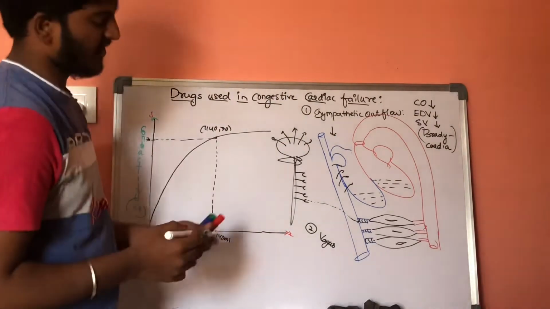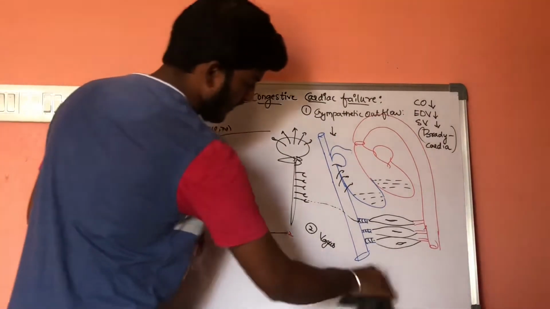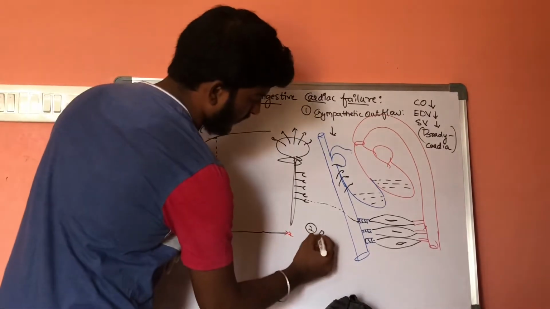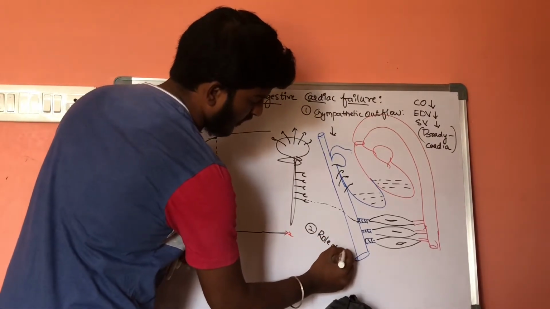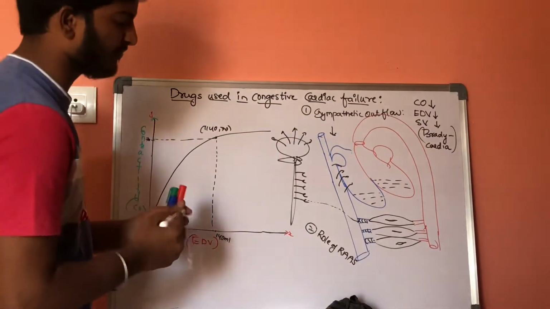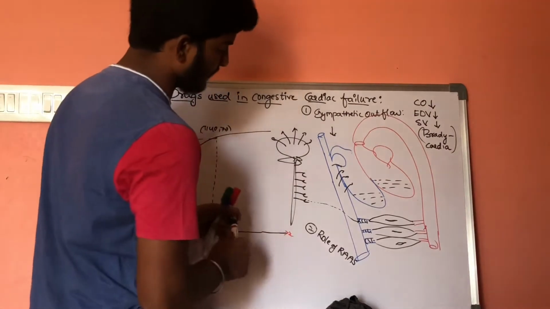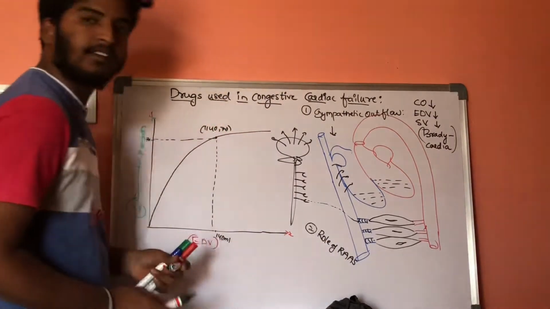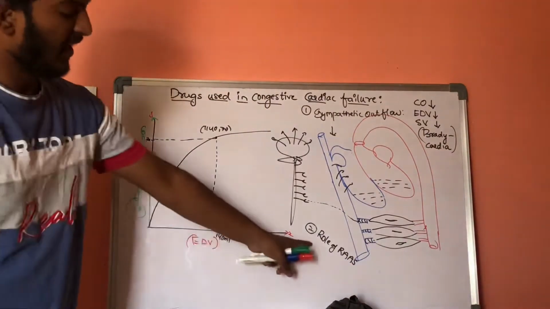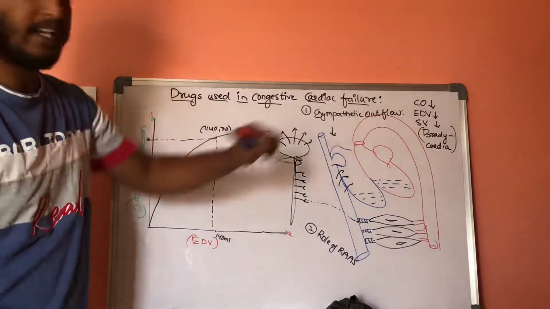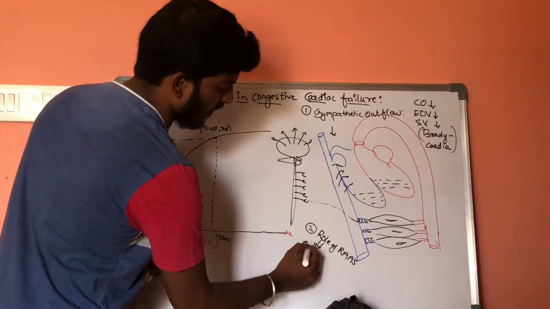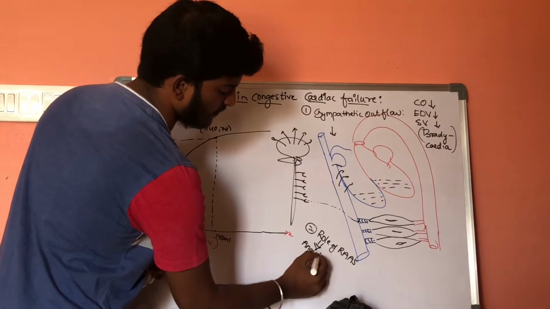or before discussing overstimulation of the vagus nerve, the role of the renin angiotensin aldosterone system. In the renin angiotensin aldosterone system, there is involvement of angiotensin 2.